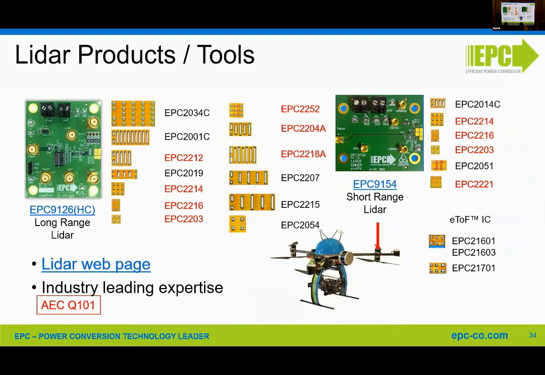Now, if there is a device that you don't see up here that you'd like automotive qualified, please contact your local EPC FAE, and we'll work to build a business case to run the qualification. Most of our parts, we will be able to do an automotive qualification.